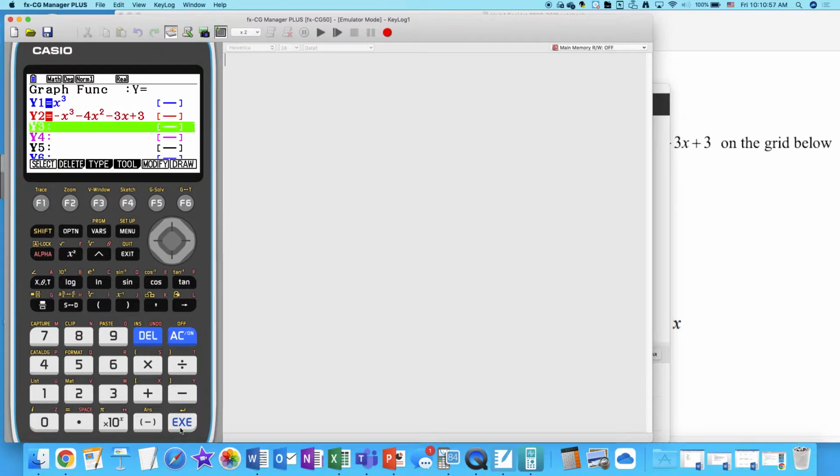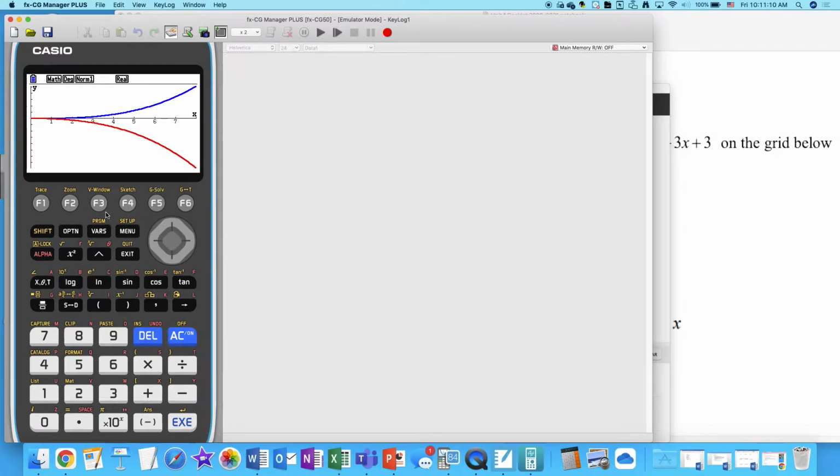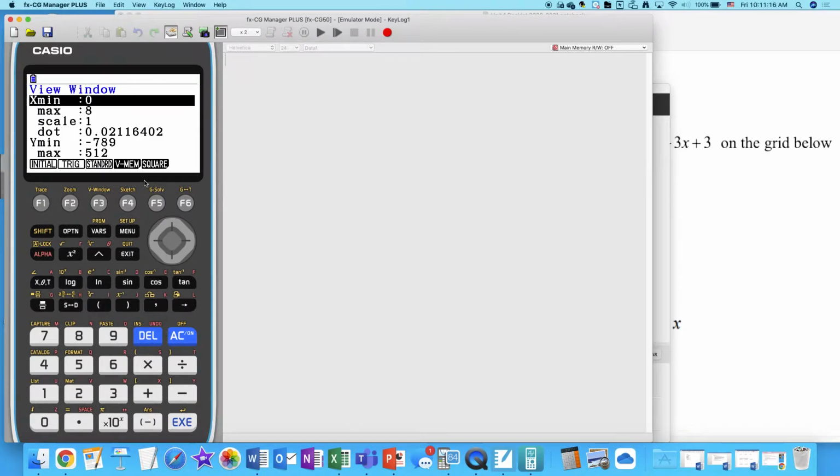Okay, and on this guy, I can go to F6, which is draw. Okay, and it looks like my window. I'm going to go to zoom auto, see what happens. No, I don't like that. This one has some, no, don't like that either. This one has some built-in settings as well. To be honest with you, I'm not as familiar with the built-in settings on a Casio, but I'm just going to make this negative 10 to 10 for both x and y.